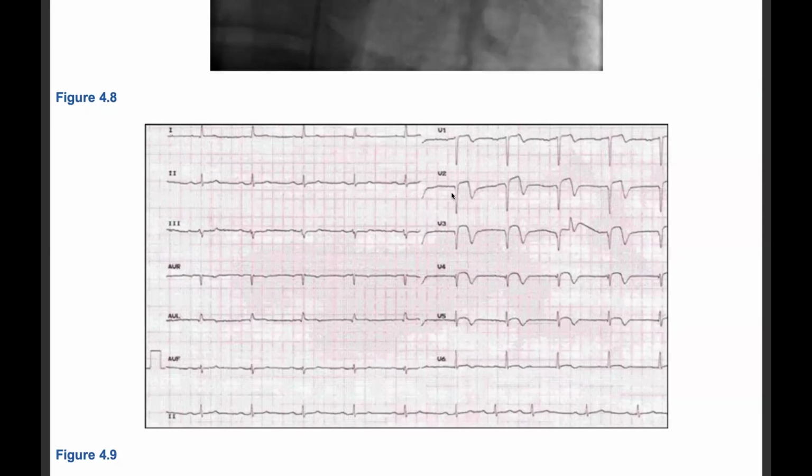So that is subacute MI. But let's check the answer, because a diffuse T wave like this can also be given by apical hypertrophic cardiomyopathy. This also looks like Wellens with the biphasic T waves.